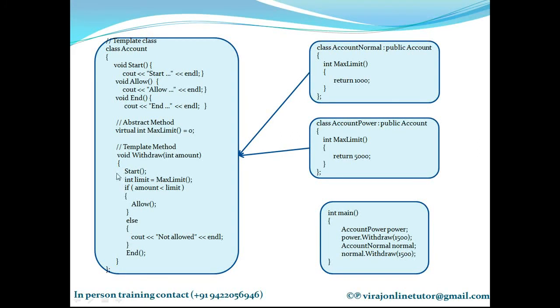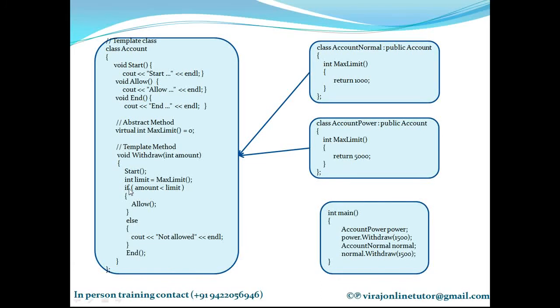The first step of the algorithm is start. It will just print start on the screen. The second step of the algorithm calls the function max limit. The max limit function is a pure virtual function here, so it will be implemented in the subclasses. So I'm deferring this step to subclasses.